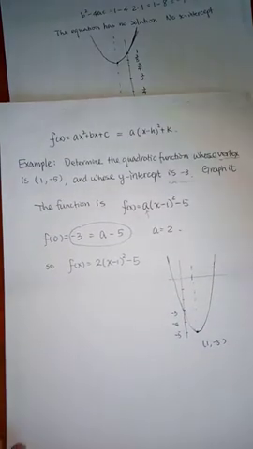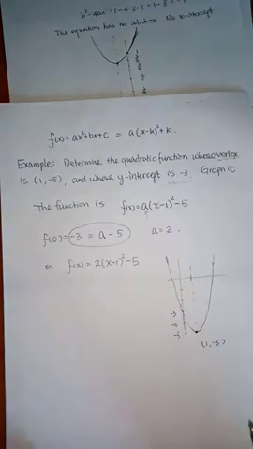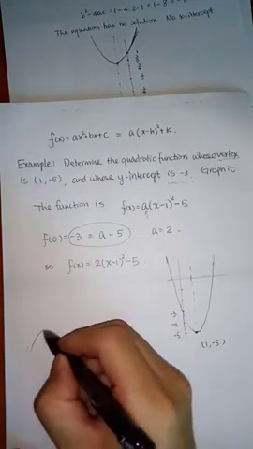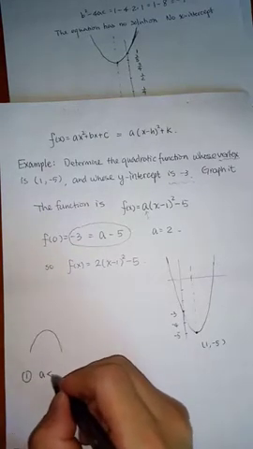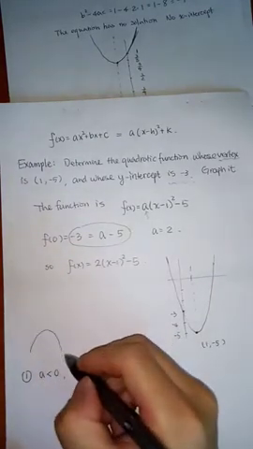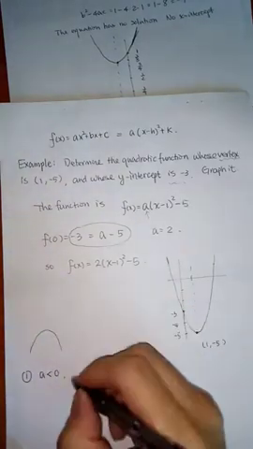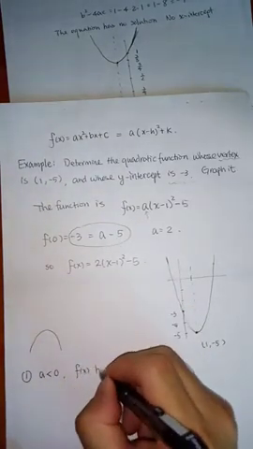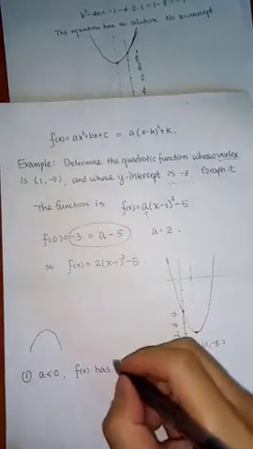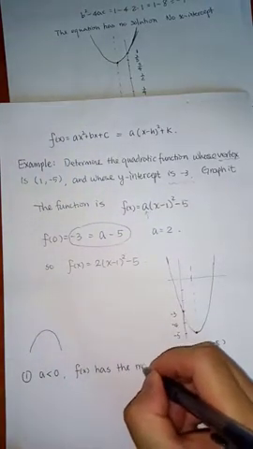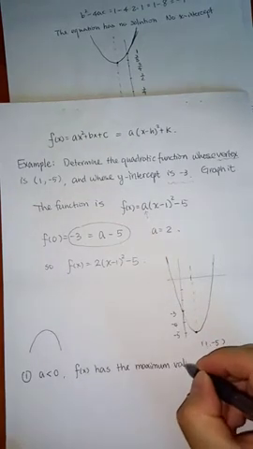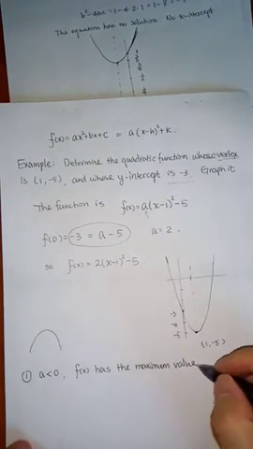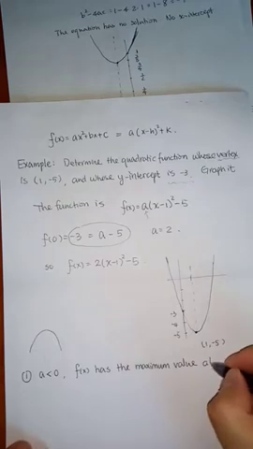The final thing we actually already discussed. Let's try to emphasize it here. If a is negative, the graph is like this. Then f has a maximum value. At where?